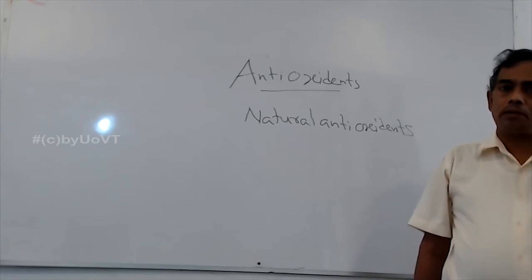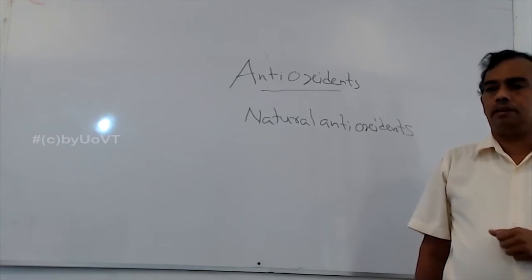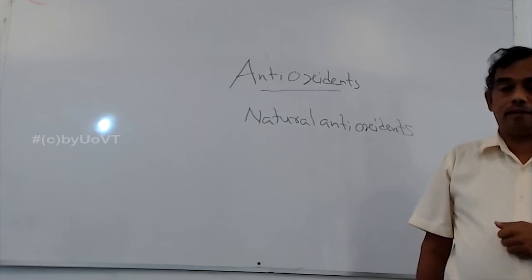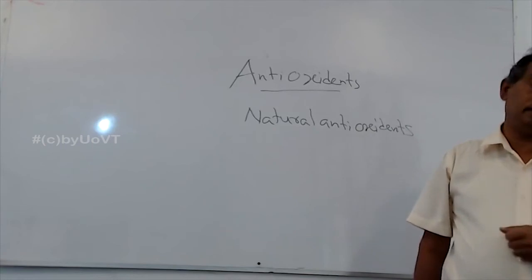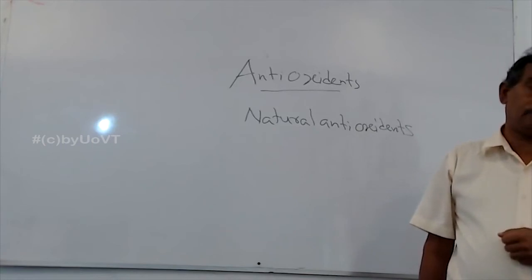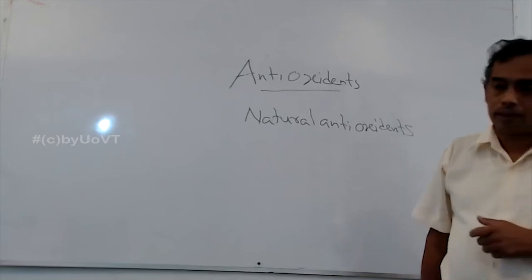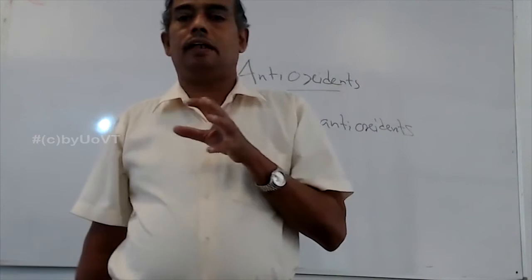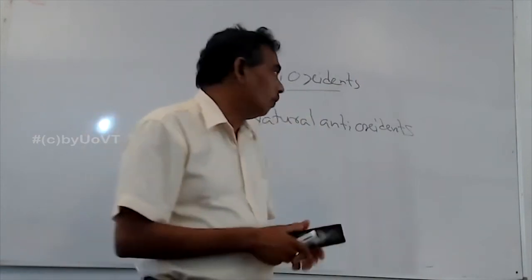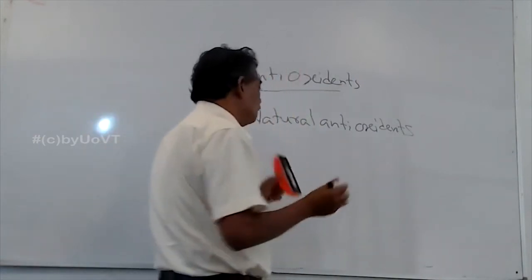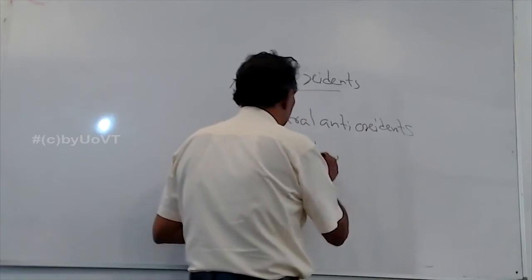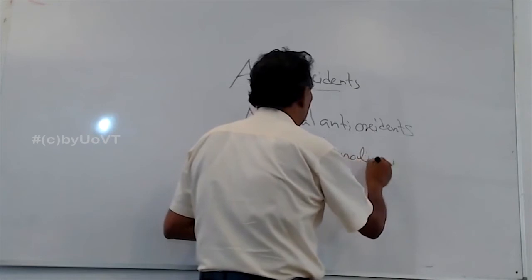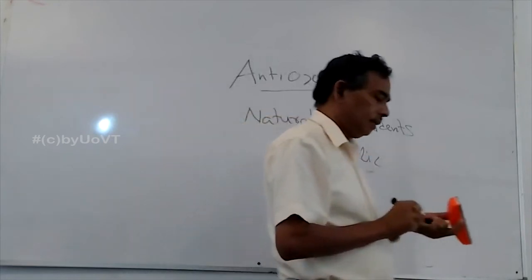Most of the natural antioxidants contain a very important chemical part in their structure. That is the phenolic group. Most natural antioxidants contain a phenolic group in their structure.